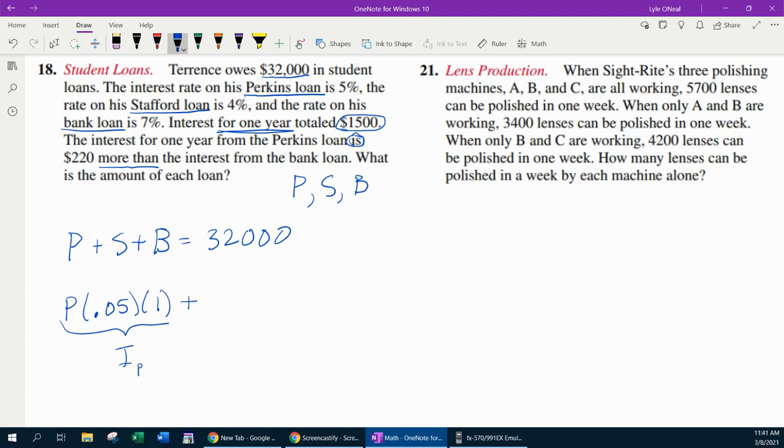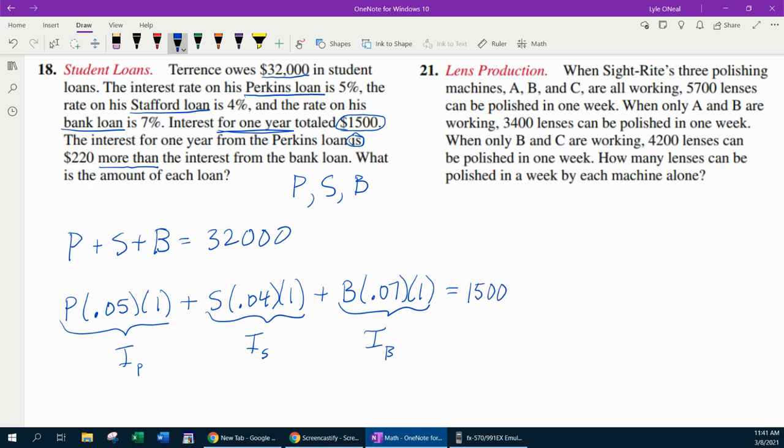Plus, now for the Stafford loan, the principal times the rate times the time. That is the interest earned from the Stafford loan. And then for the bank loan, principal times rate times time. That is the interest from the bank loan. And that should equal the total interest for 1 year, which was $1,500. So there is our second equation.